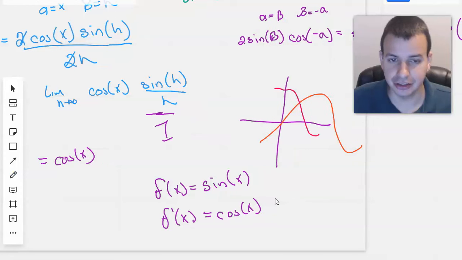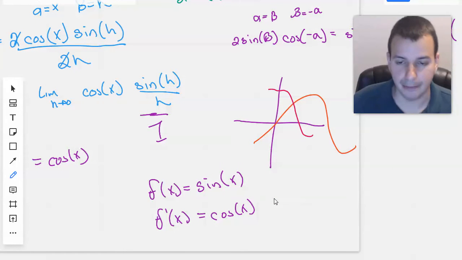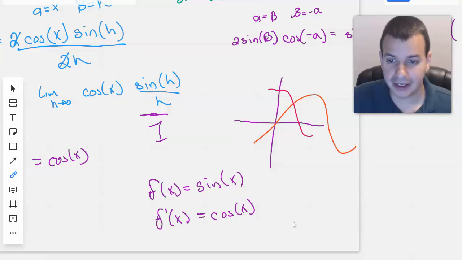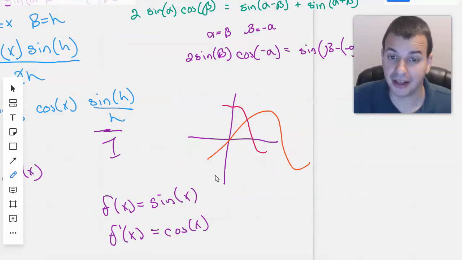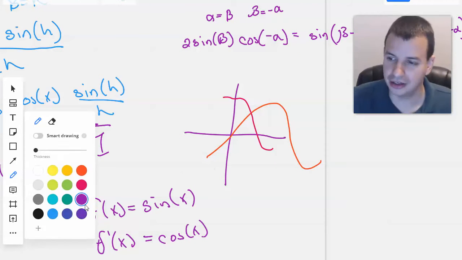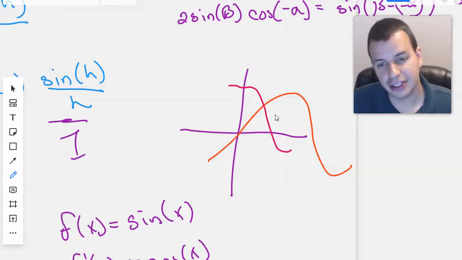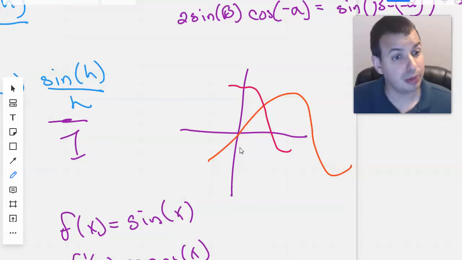It is good to have this as a bedrock of your memories, of your long-term memory, that the derivative of sine of x is positive cosine of x. Specifically, they have the same sign. The mnemonic that I use to know that, or feel that, so to speak, is if you look at this slope right here, the slope of sine of x is 1, which is positive.